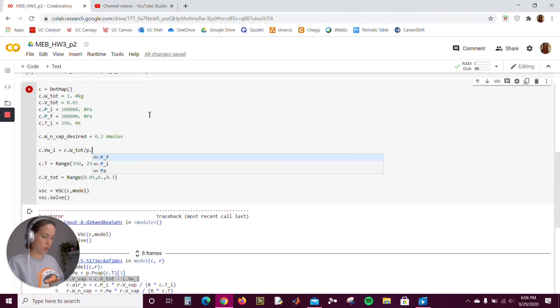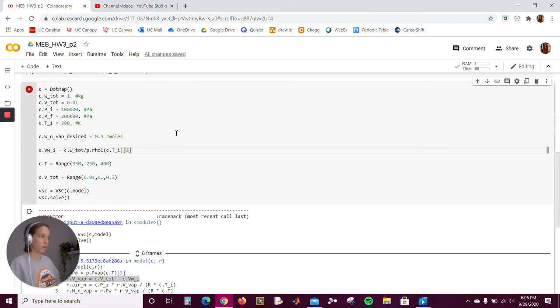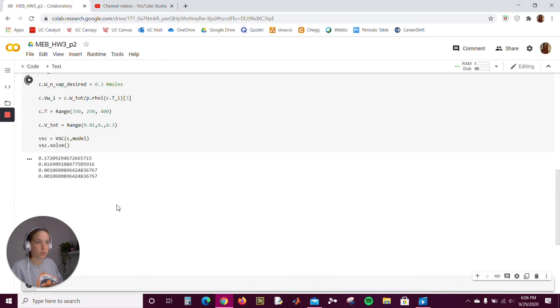So P dot rho is, since rho is the Greek letter for density, do that of dot, and we want that of water. So again, that was index 3. Now this should spit us back some numbers.